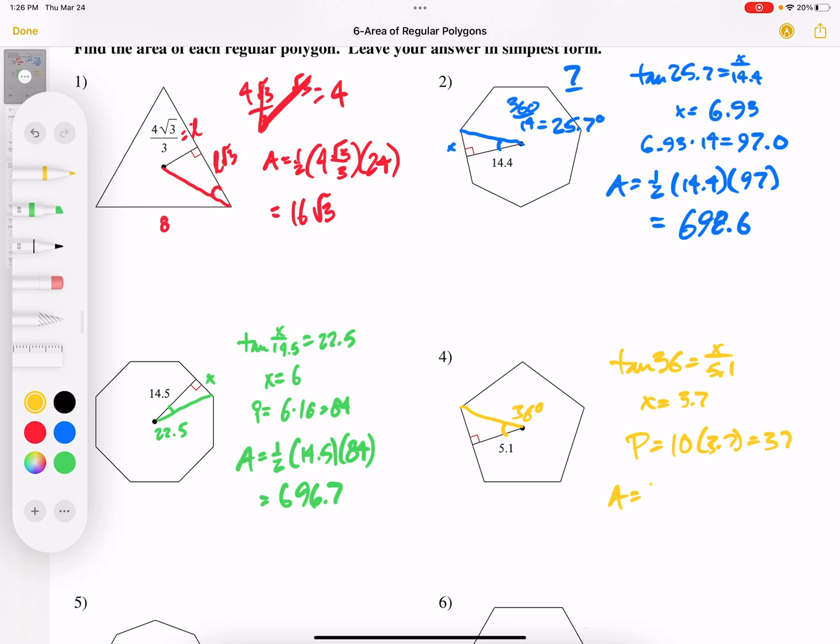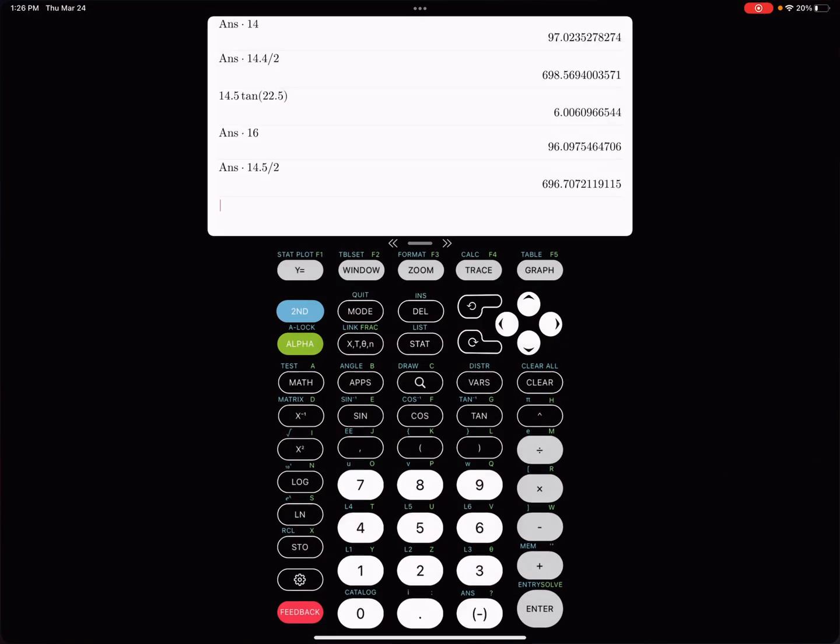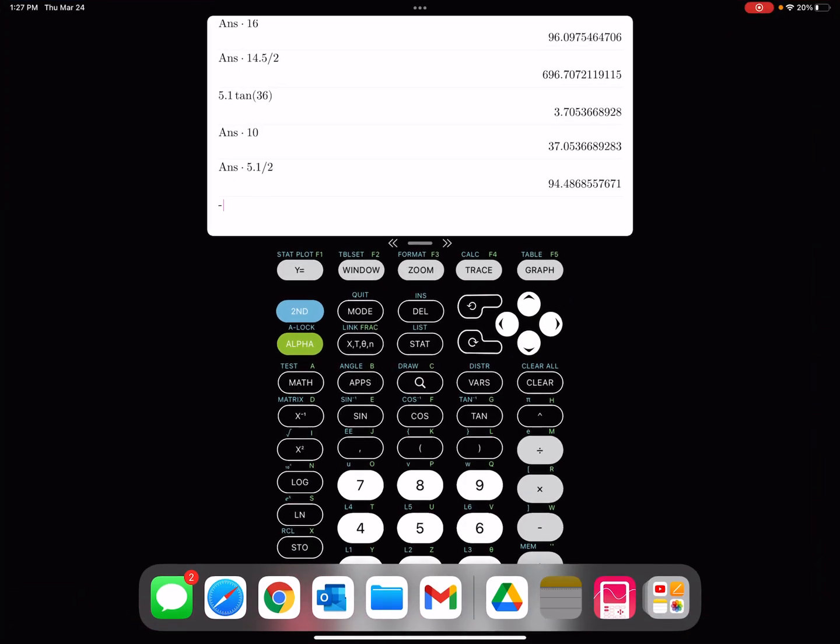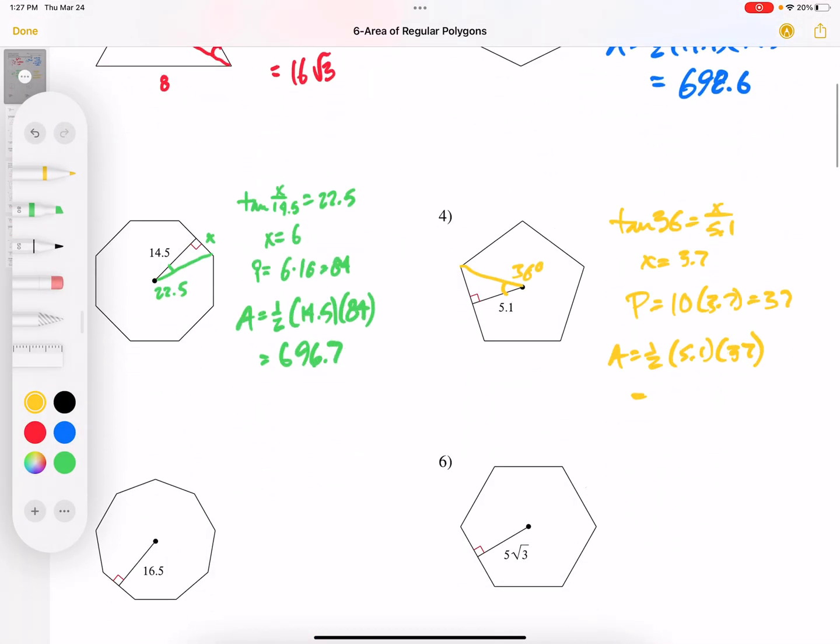So my area is 1/2 times 5.1 times 37, which is, and here we go, 5.1 tangent 36. That's half the side, so times 10. That's my perimeter times my apothem times 1/2 gives me an area of 94.5.